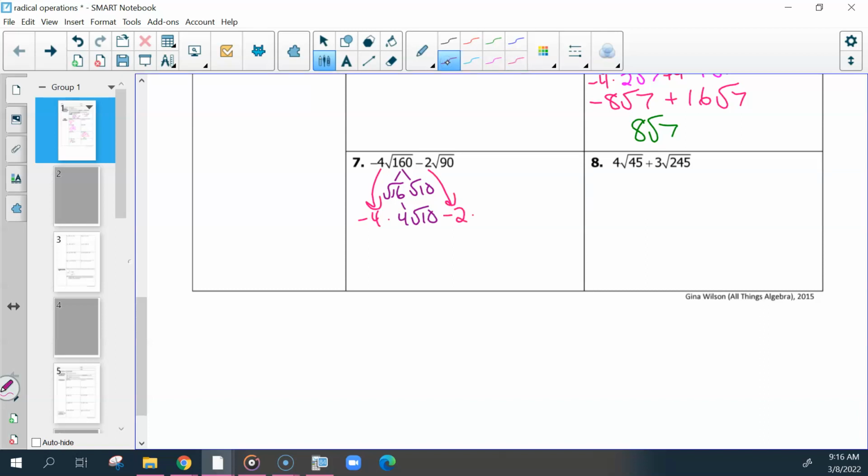What is the highest perfect square we can divide out of 90? 9 and 10. So that would be 3.